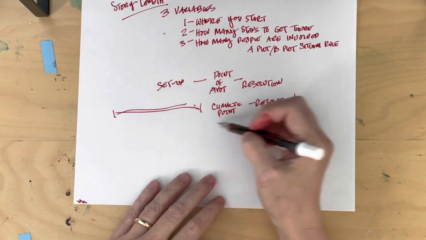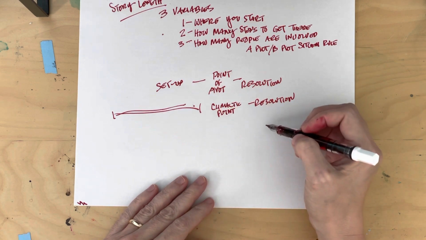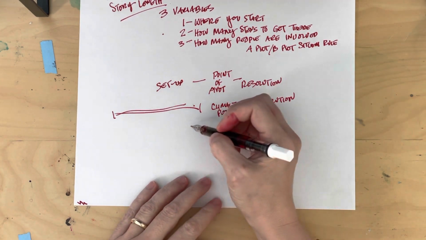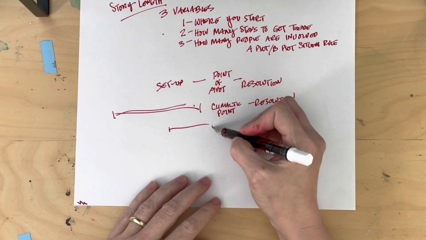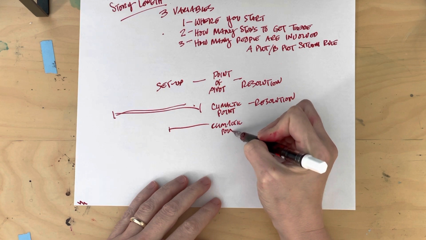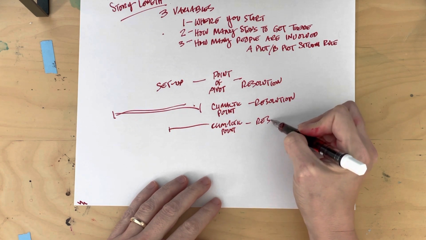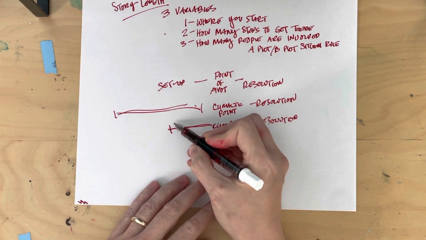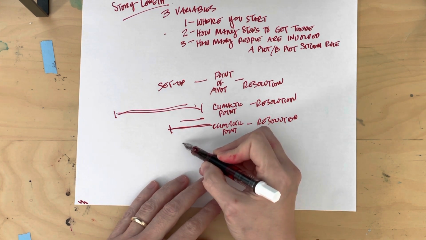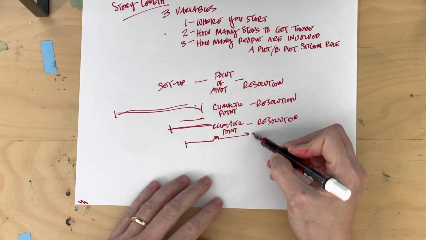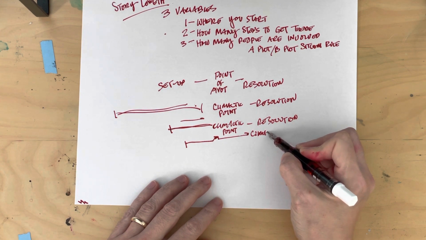If you want a much longer story, if you're looking for novella or novel length, then you add extra people. So you might have, here's your climactic point and your resolution. And one person is moving this way, and then you have a separate person who's also maybe moving, and then their climactic point is over here.